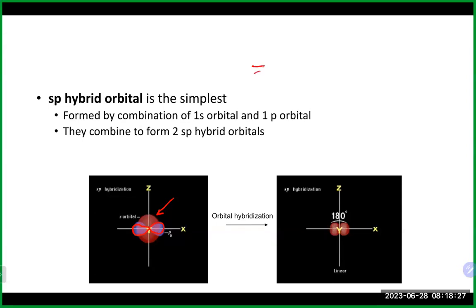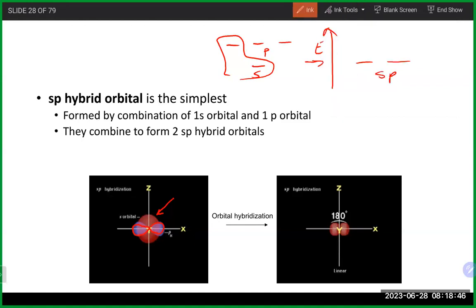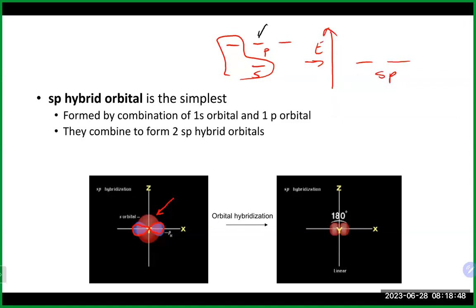So we'll have our s and our p, and we take those and make, in terms of energy, two hybrid orbitals that are equal in energy. This also, as you can see, leaves two p orbitals here that are unhybridized.